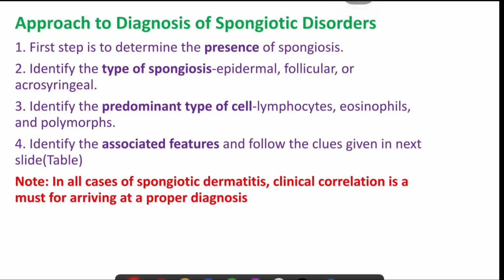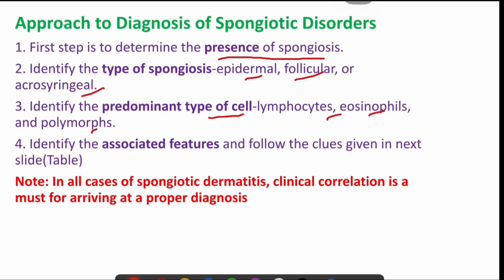So what is the approach? First of all, determine whether spongiosis is present or not. Then the type, whether epidermal, follicular or acrosyringeal. Third, identify which type of inflammatory cell infiltrate is present, whether lymphocyte, eosinophil or polymorph.